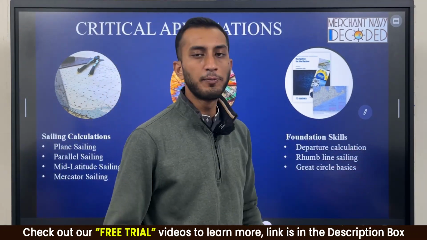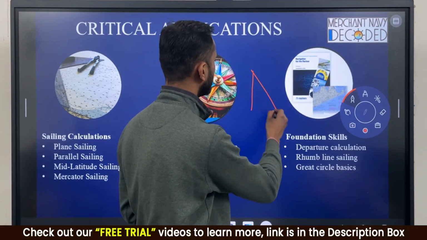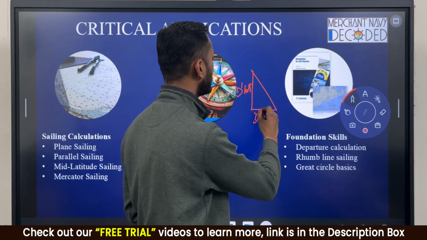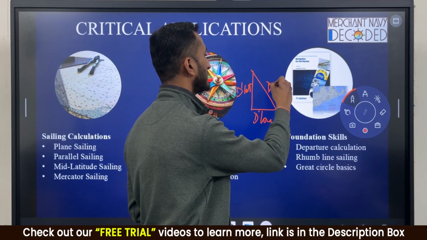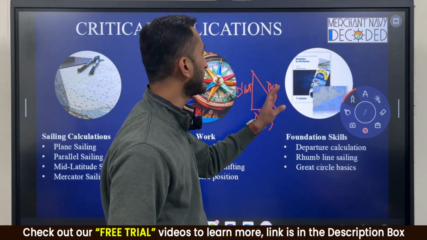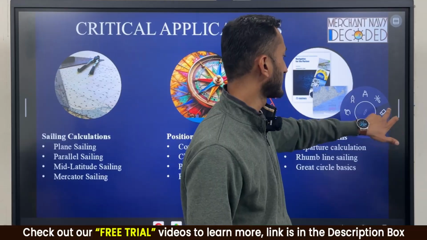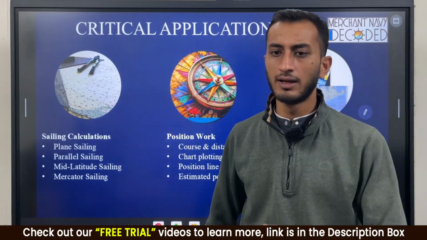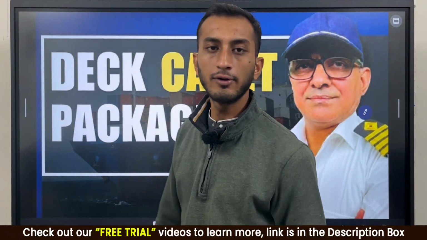Departure calculation: if this is d lat, this is d long, with the help of these you can find departure. By knowing your course, you can find d lat and departure. This is the shortest distance between any two points. Rhumb line sailing, great circle sailing, all of these require latitude, longitude, d lat and d long.